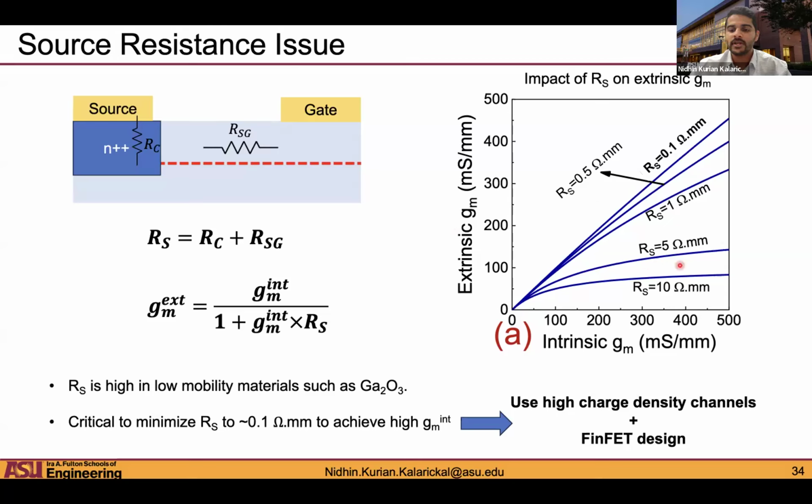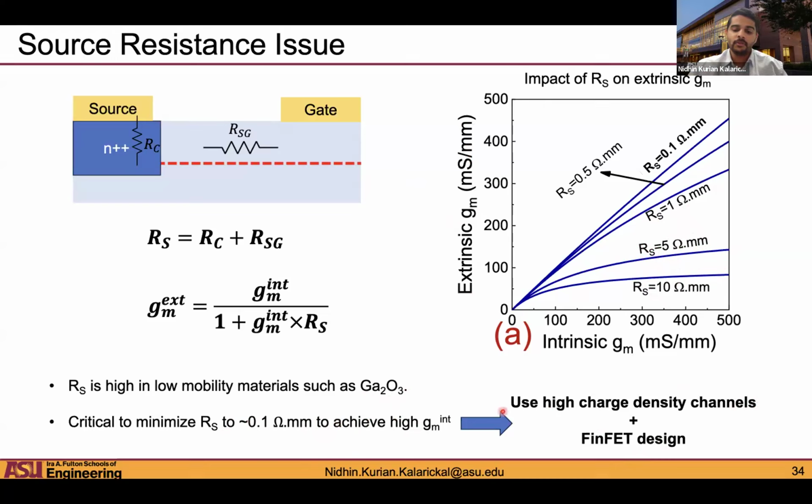Typical gallium oxide devices are in the range of roughly 5 ohm millimeter to 10 ohm millimeters, which means you're really undercutting the extrinsic transconductance. Okay. So we should look at approaches to achieve close to 0.1 ohm millimeter source resistance or thereabouts, to get high intrinsic transconductance.